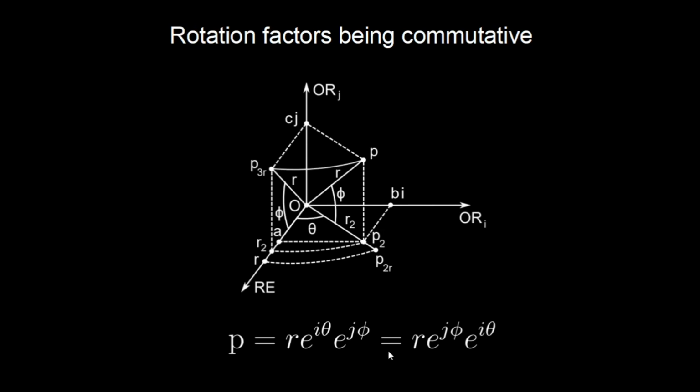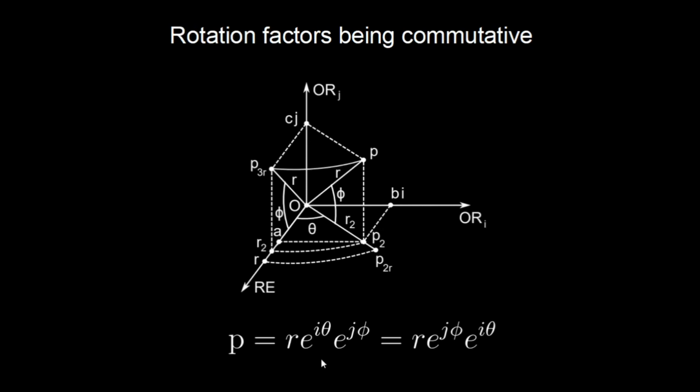So P equals r, I associated rotation factor, multiplied by j associated rotation factor. On the other hand, multiplying r with j associated rotation factor e to the power j phi makes the point rotate to P sub 3r, and multiplying with I associated rotation factor e to the power I theta makes P sub 3r rotate to P. Thus, P also equals r, j associated rotation factor, multiplied by I associated rotation factor.